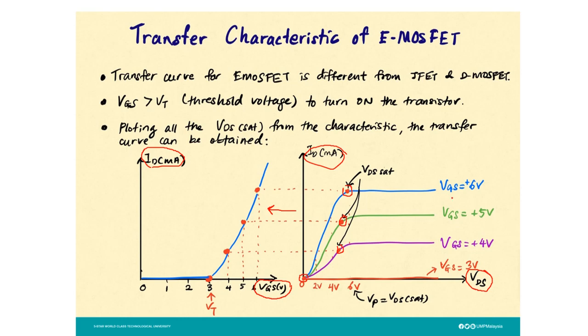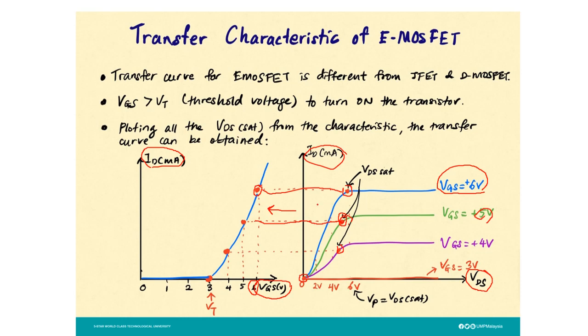So for this one, VGS is 6. When VGS is 6, we plot VGS 6 here, and this is the current. So it can be transposed from here. When VGS is 5, the current is here, some value. Actually for the ID there is a value, but I just leave this one.